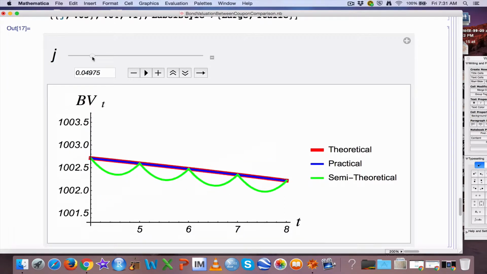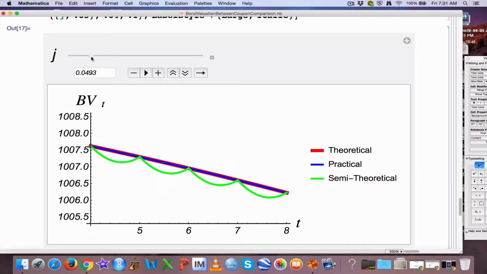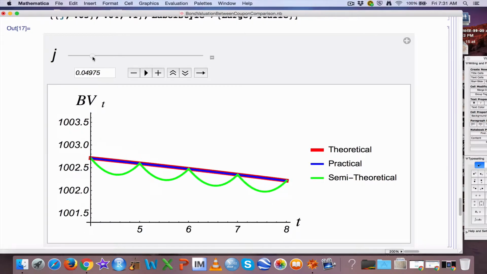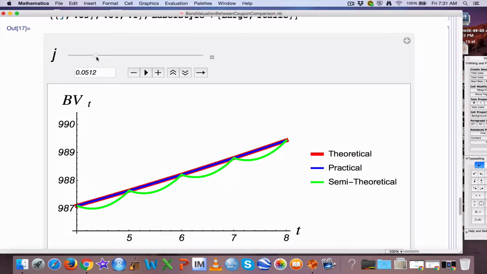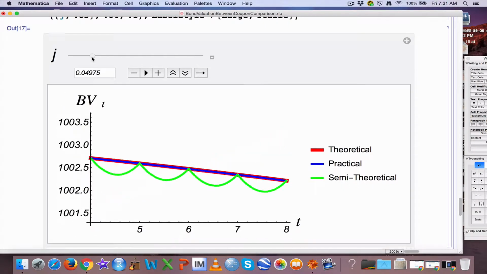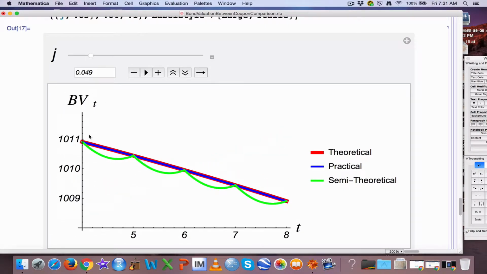Technically the red is the theoretical method, so that's a curve, whereas the blue is practical, so that's technically piecewise linear. But I can't tell the difference between the red and the blue. They are centered on the same line. I've made them a little thick here so you can see them better.